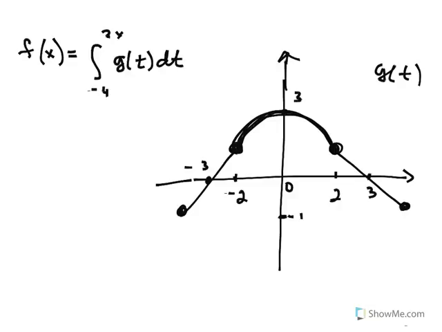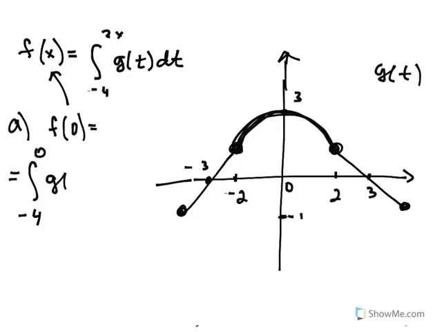Now it says find the value of f of 0. Well, that's easy. You just plug in 0, right, for x. So we get the integral from -4 to 2 times 0, which is 0, of g of t dt. The lower boundary is on the bottom, 0 is on the top.